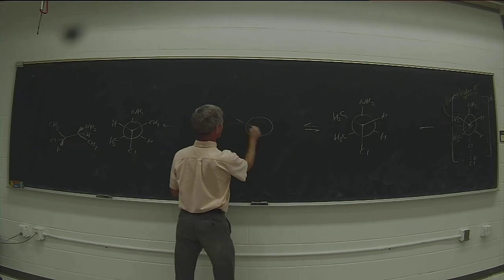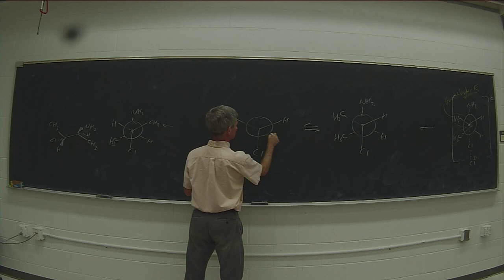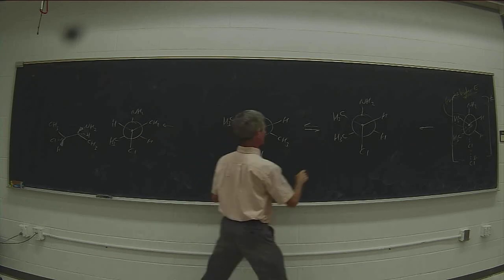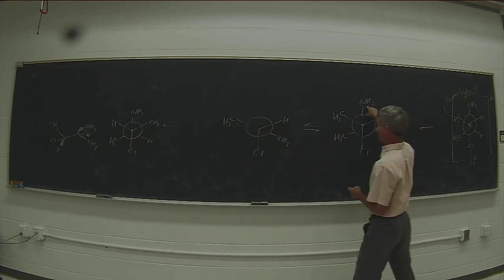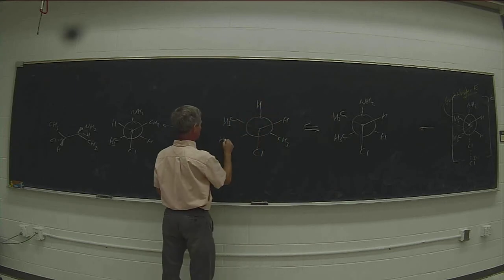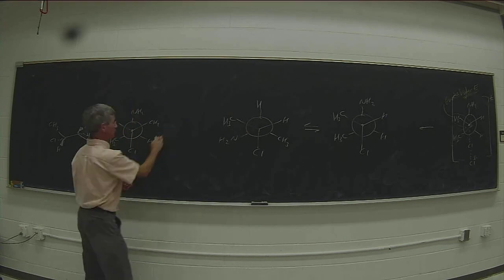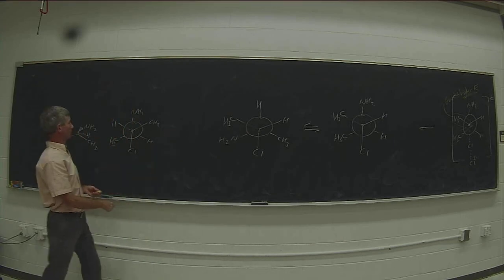So I get the more stable conformation. So I'm going to move this methyl group over here, the hydrogen up, and NH2 here. And then if I redraw that, it is staggered conformation.